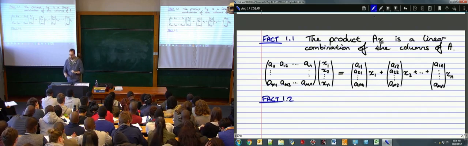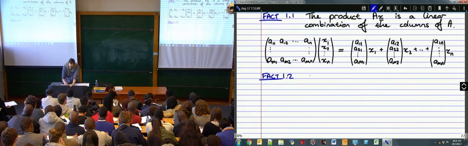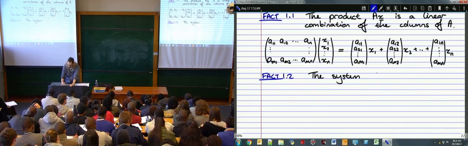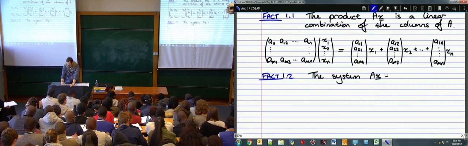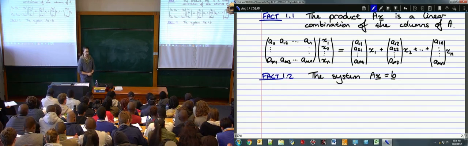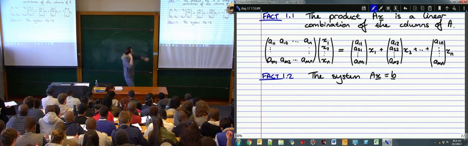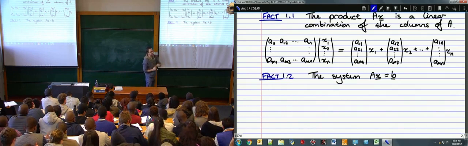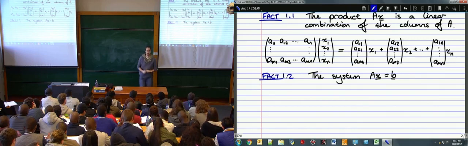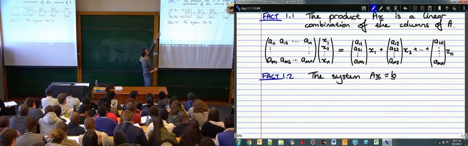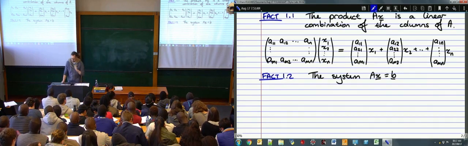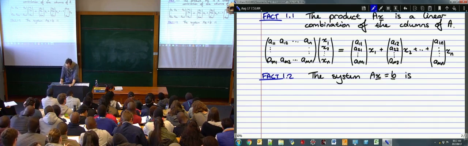A system AX is equal to B, this system of linear equations, is consistent if and only if that column vector B can be written as a linear combination of the columns of A. And that follows as a direct consequence of the fact that multiplication is just a linear combination of the columns of A.